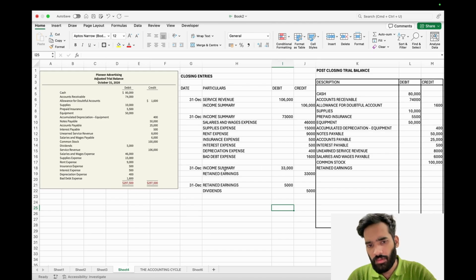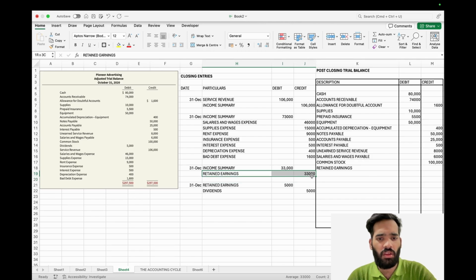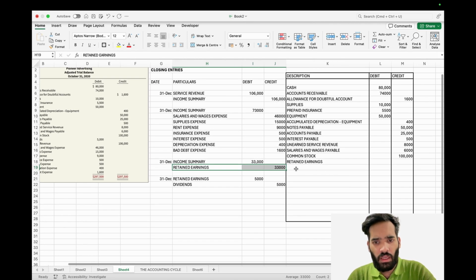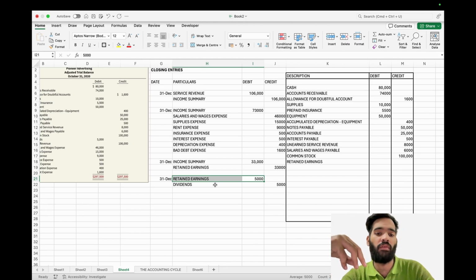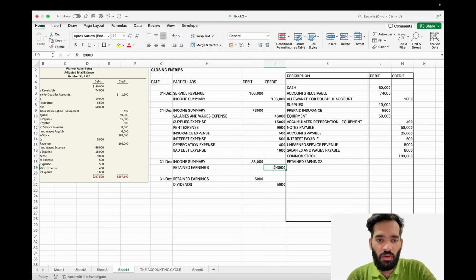First we increased retained earnings. How do I know it's an increase? Because it's an equity account, it increases on the credit side. So if I increase it by 33,000, then I decreased it by 5,000 because I paid dividends, and when you pay dividends, the retained profit that you have in the business obviously goes down because you just paid it out to other people. So it will be 33,000 increase minus 5,000 decrease to see how much we are left with.